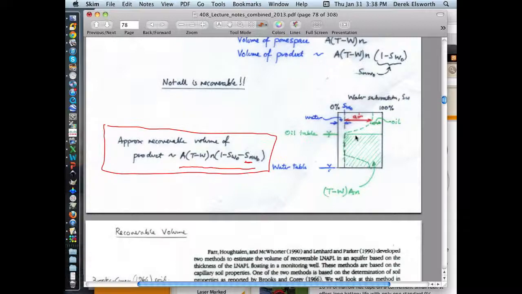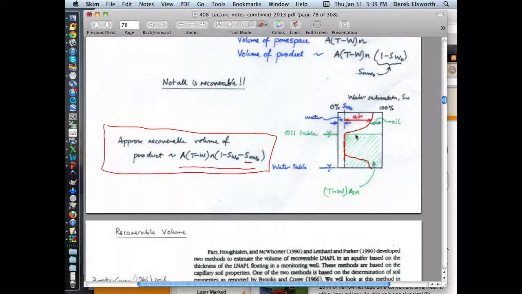And it's based on the idea that if you go through the vertical profile, and look at the saturation profile that you'd expect to see, then the saturation profile would look a bit like this, right? So this red line would be the amount of NAPL that's present. So everything to the right of this red line.